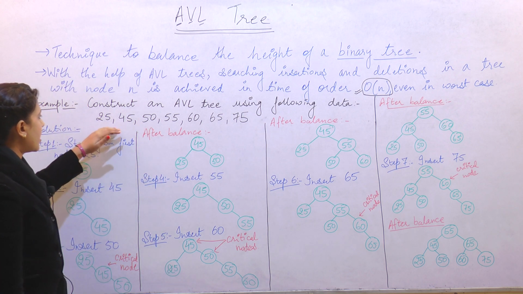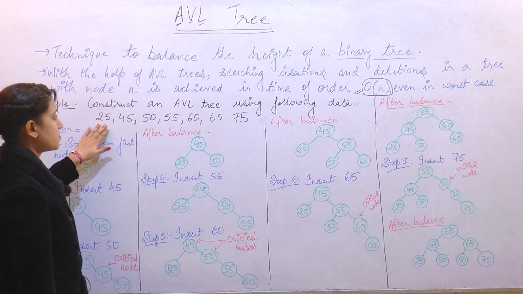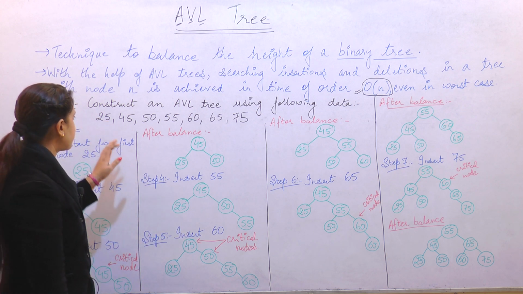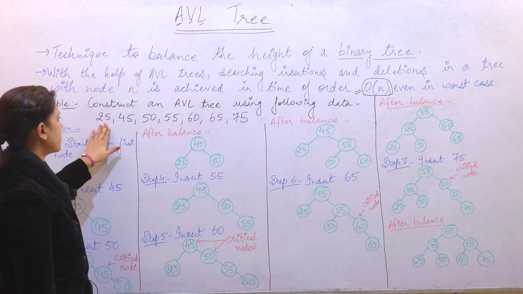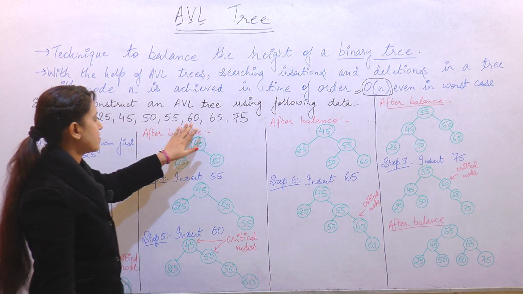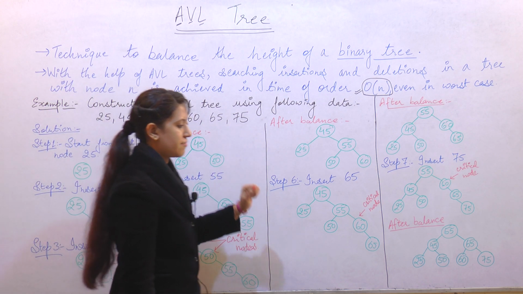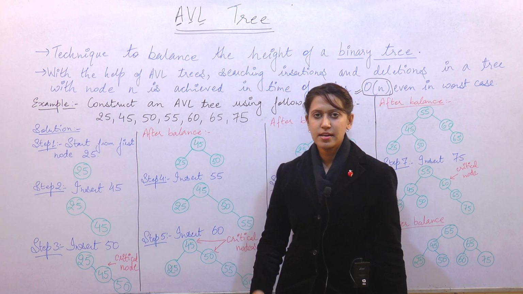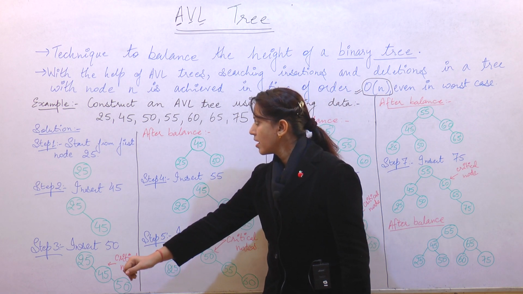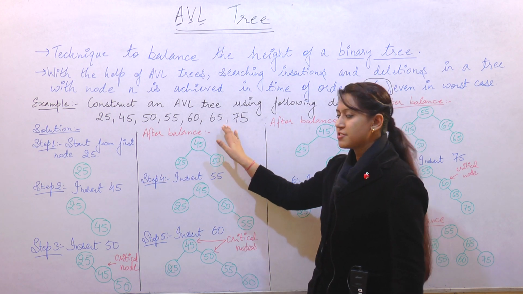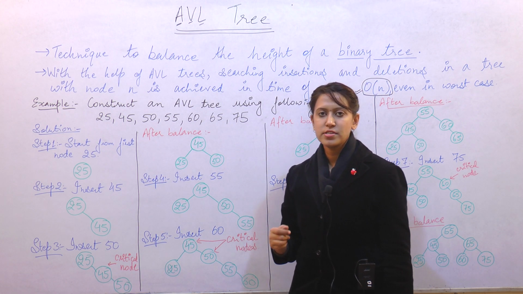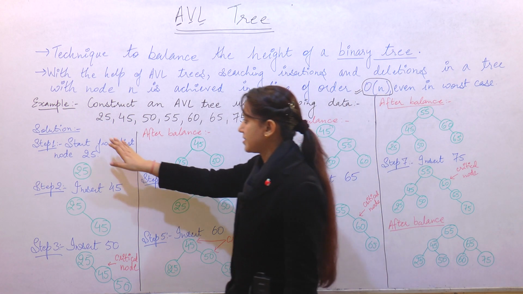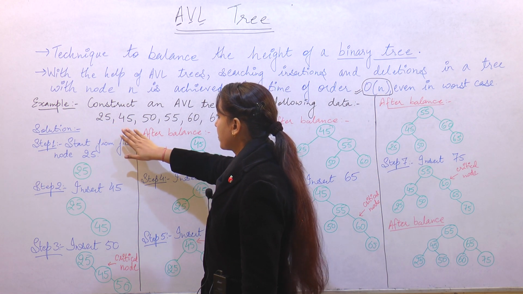Our data has the numbers which will be used to construct the nodes of the binary tree: 25, 45, 50, 55, 60, 65 and 75. These data elements will be inserted in the nodes that we will create for our tree. So let's start with the solution.